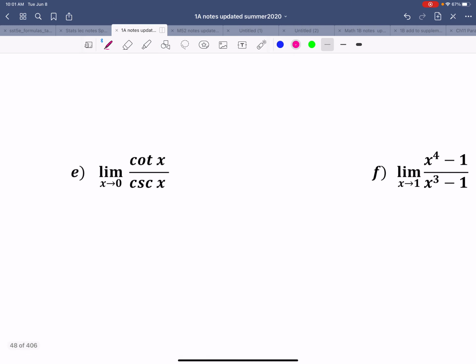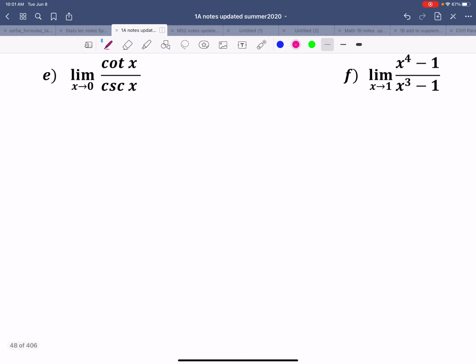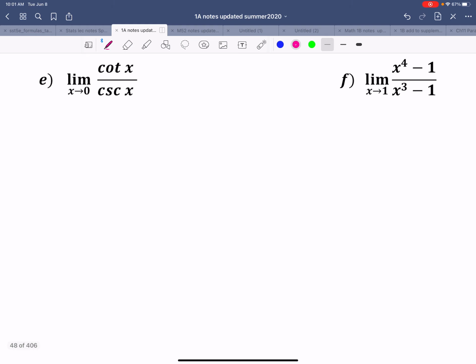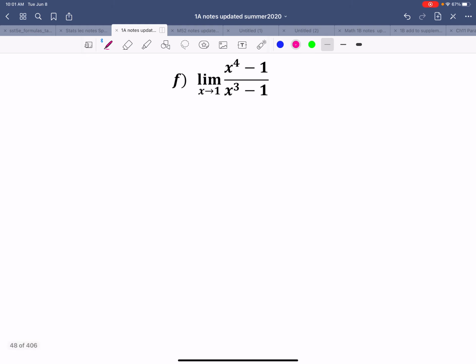All right, next example. There are lots of examples in this video about evaluating limits. For part F, we have the limit of x to the 4th minus 1 over x cubed minus 1. How can we handle this limit?